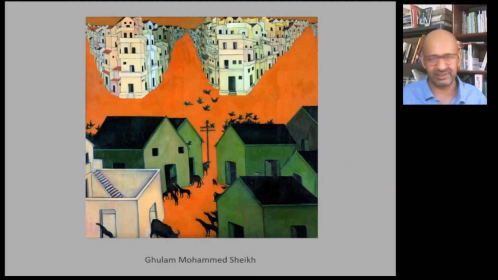Now, how do you capture that? In order to capture these multiple stories, multiple voices, multiple layers of experiences, people like Ghulam Sheikh, Bhupen Khakhar, and many others followed certain compositional styles which lend themselves to multiple divisions of space, and therefore there is no way that you get stuck to a linear compositional pattern and therefore a linear narrative pattern. Multiple narratives can be incorporated within their compositional structure.